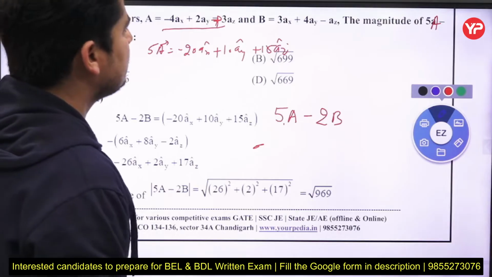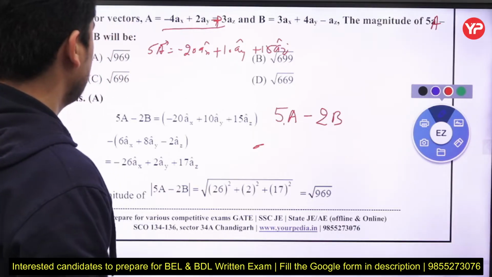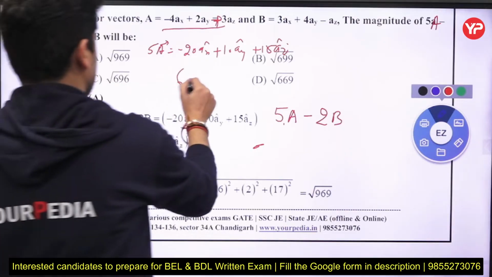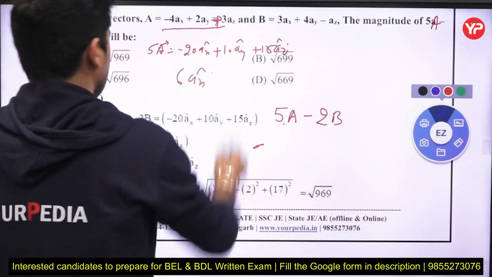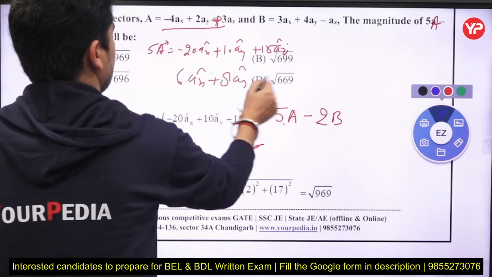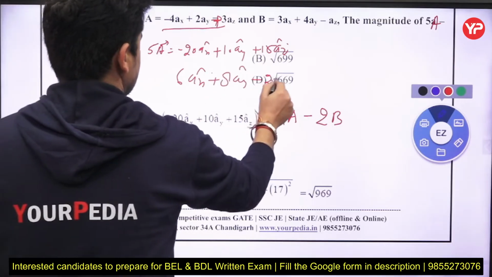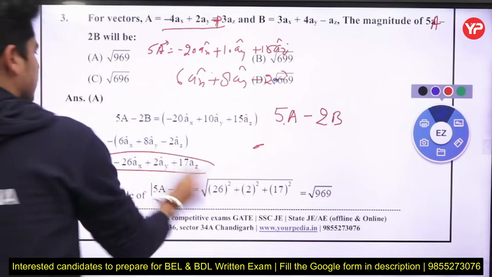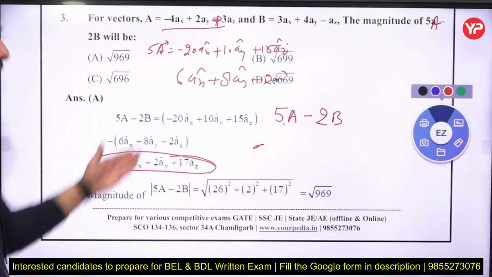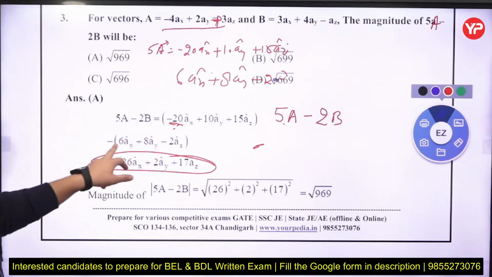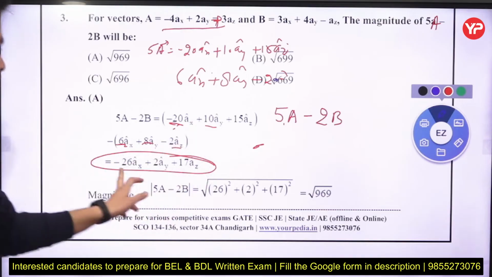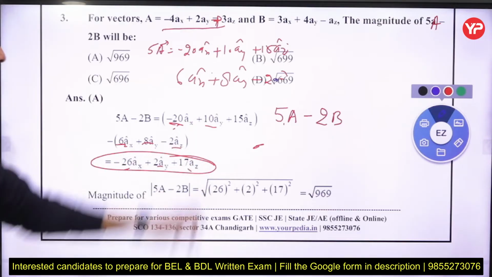Next is 2B, that is 6 ax, then 8 ay, minus 2 az. When you subtract these two, you do vector subtraction: ax will be subtracted from ax, ay will be subtracted from ay, like that. So you will get 26, 2 and 17.